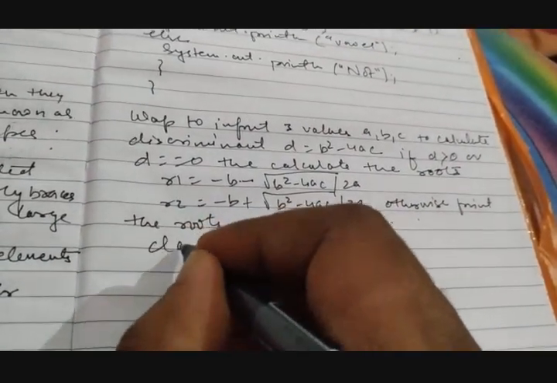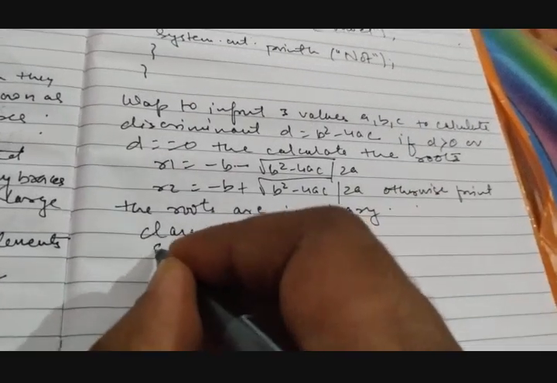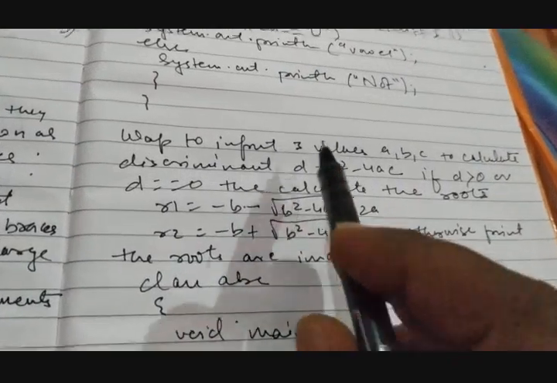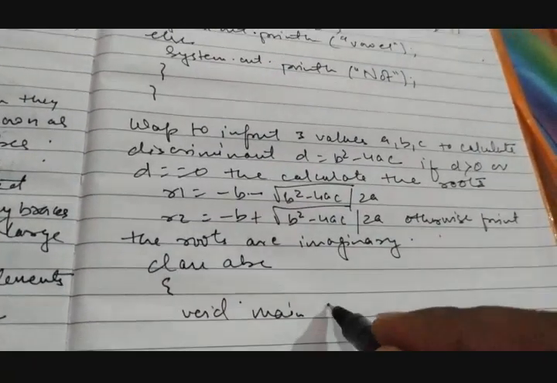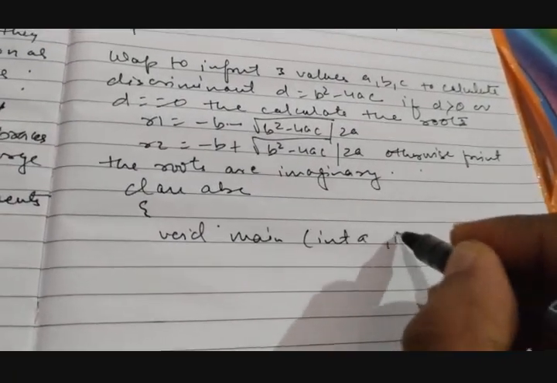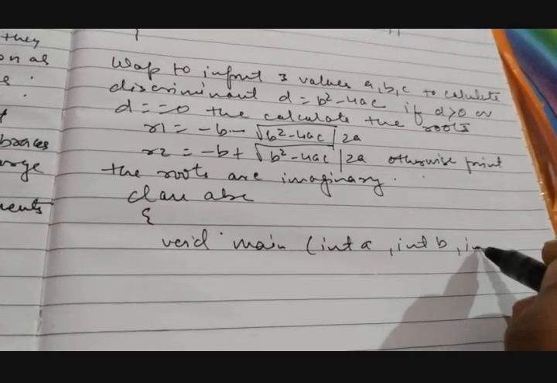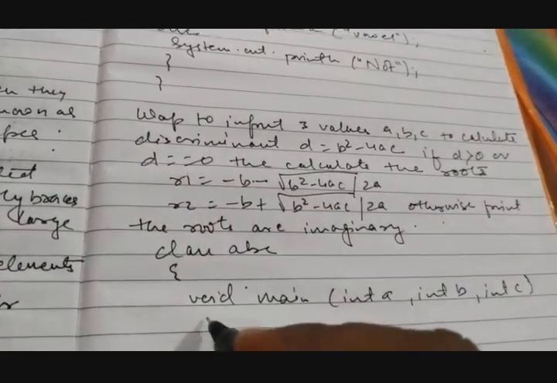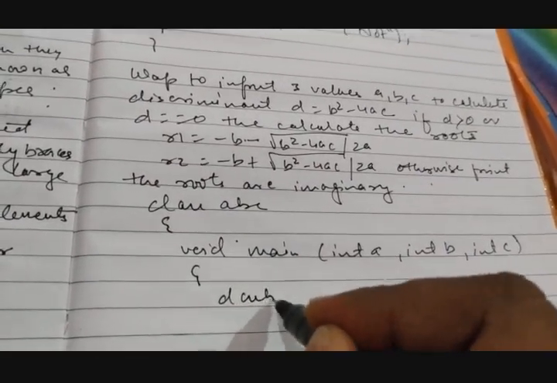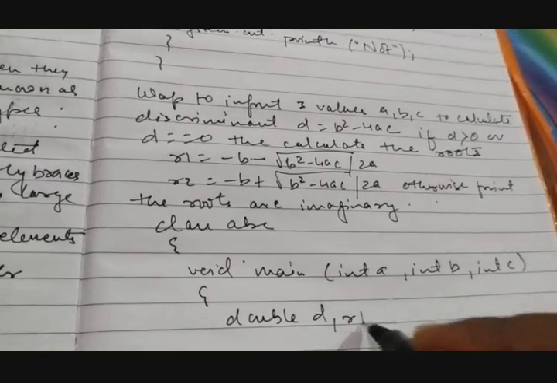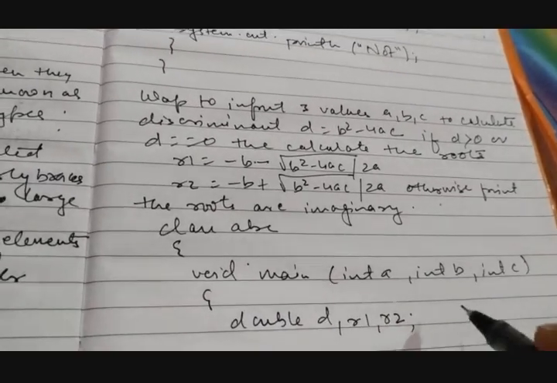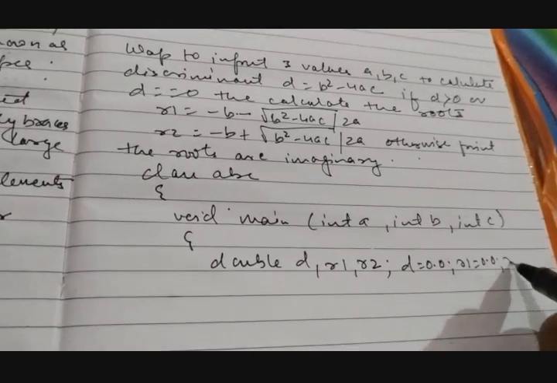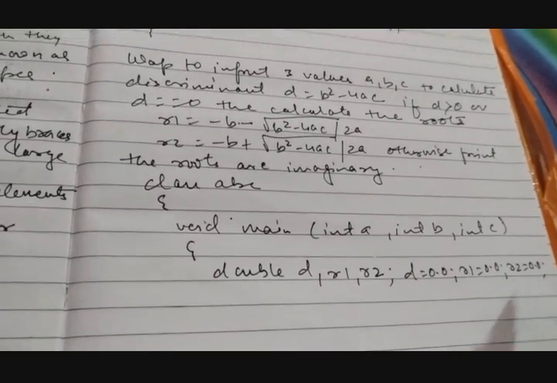So class ABC, void main. Already given in our question, input 3 variables. Let my 3 variables be int a, int b and int c. To calculate the discriminant, so double discriminant, r1 and r2. So discriminant equals 0.0, r1 equals 0.0, r2 equals 0.0.